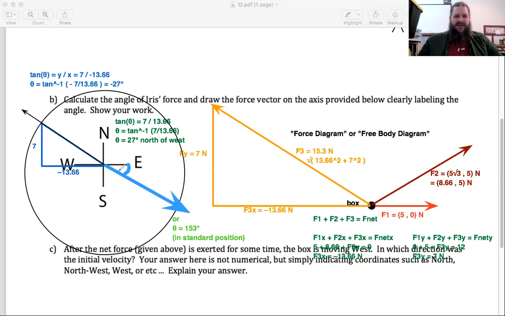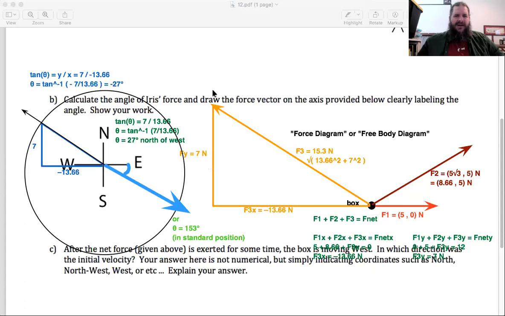No, this is the exact opposite of the direction we're expecting. And the reason for that is inverse tangent or tangent functions are kind of ambiguous. The thing is, tangent is y over x. Y over x here could have been 7 over negative 13.66 or negative 7 over positive 13.66.